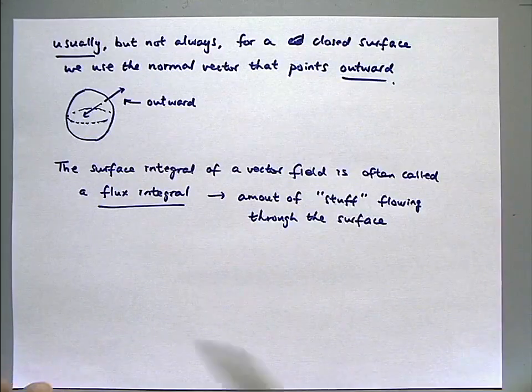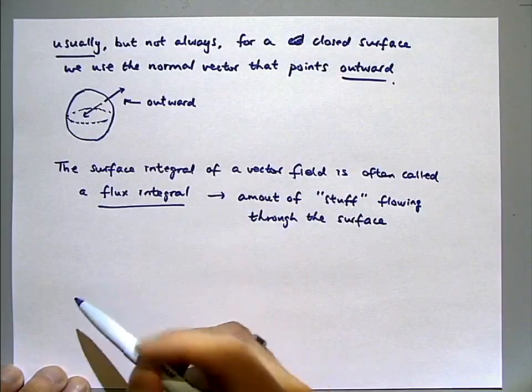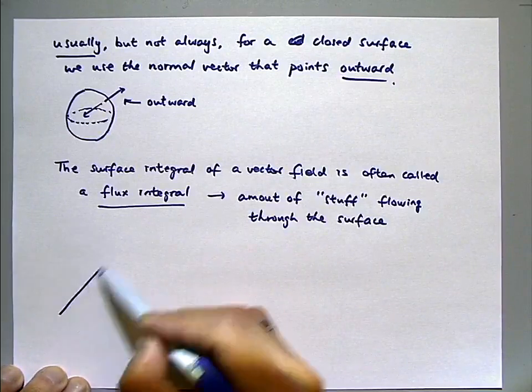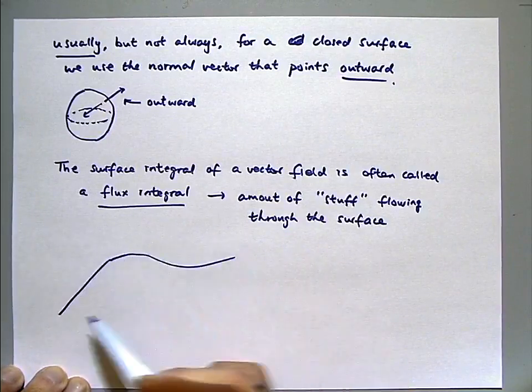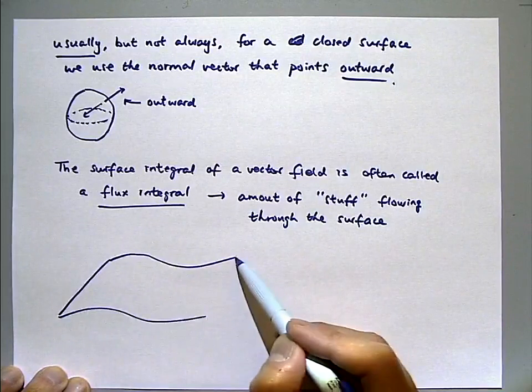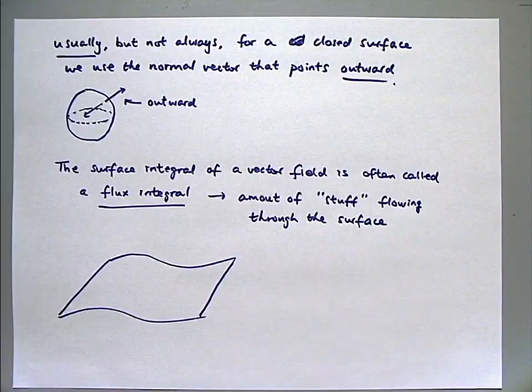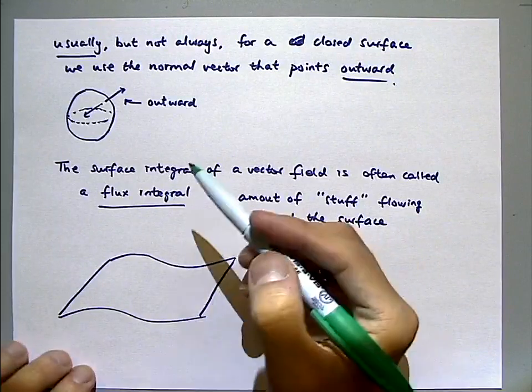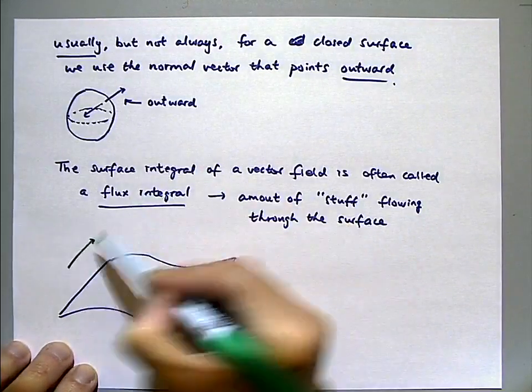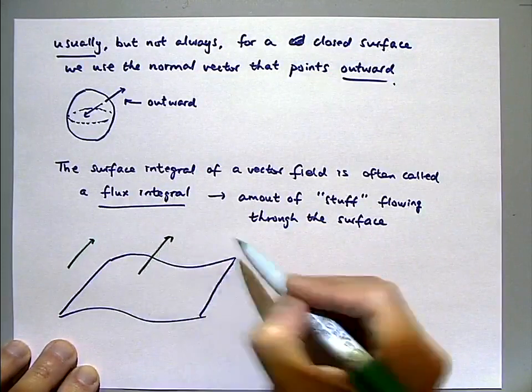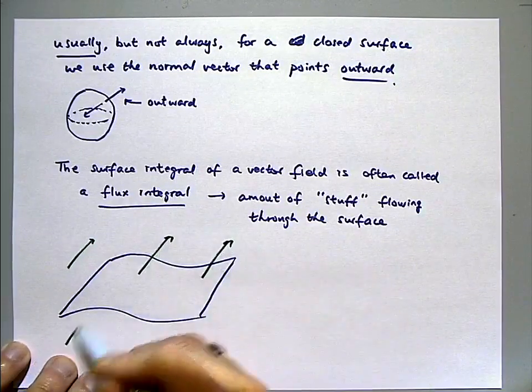Okay, so let's see. I'll give you a physical description of what we're doing here. So here's some kind of surface. And these green arrows, these are the vectors in my vector field.